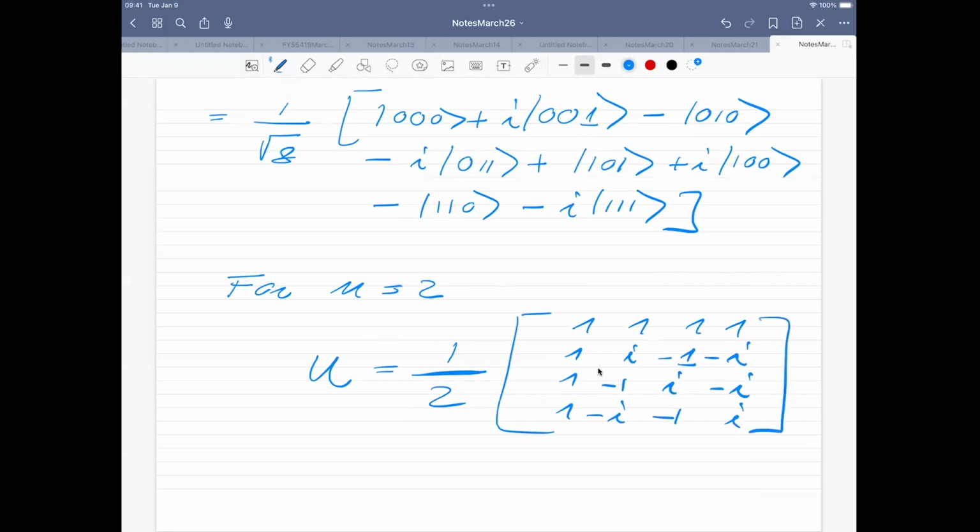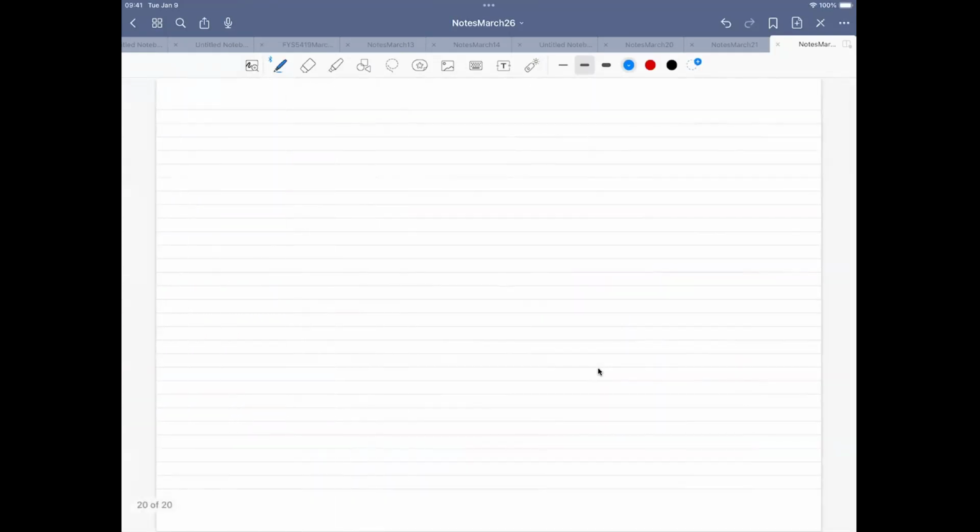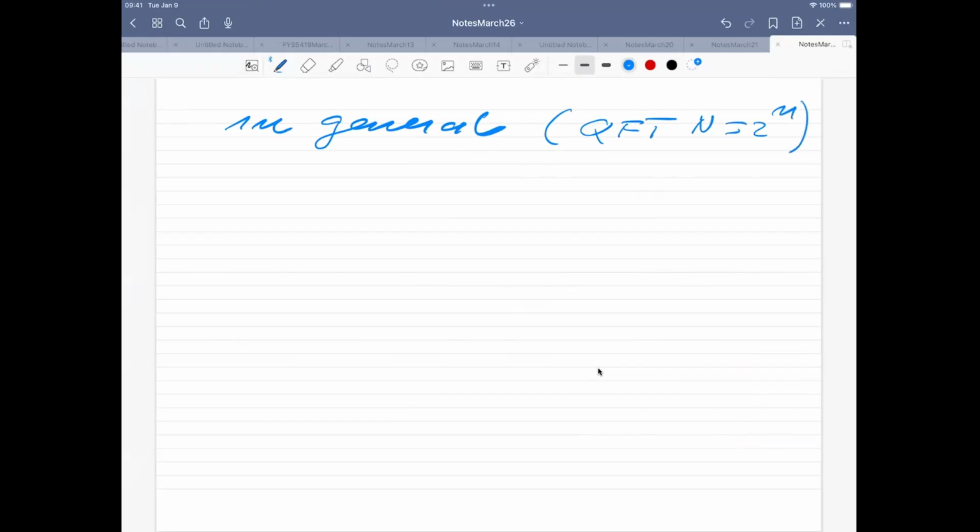And the coefficients which you're going to see then are actually, in general, we're going to have the following type of functions. So in general, what we are going to have then is a QFT. If we now have n equal 2 to the power of n states, so we're going to get a transformation matrix, which is going to look like as follows.